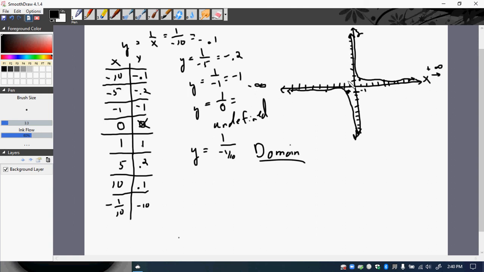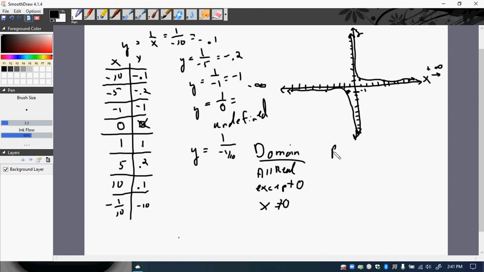So it looks like I'm using all these numbers, but there's one number that I cannot use, and that's x at 0. So it would be all the real except 0. So we could just say x not equal to 0 for the domain, for that basic.